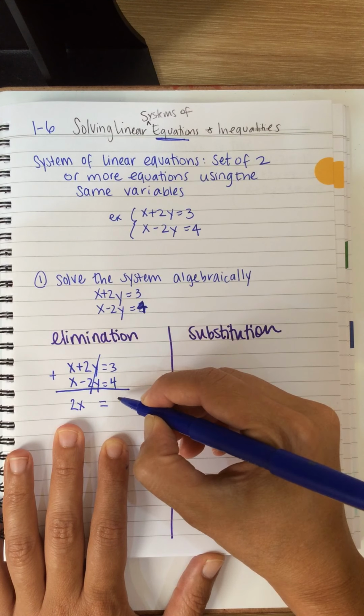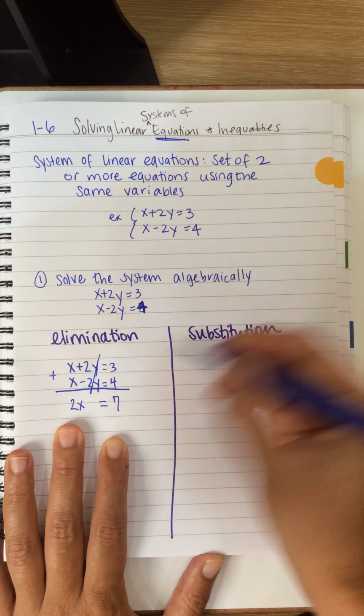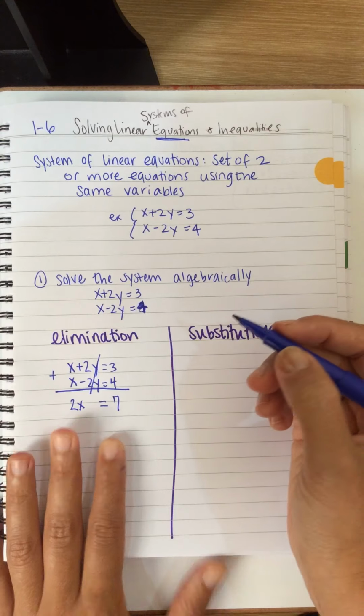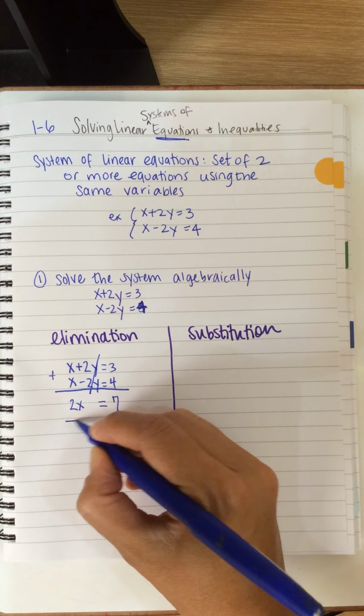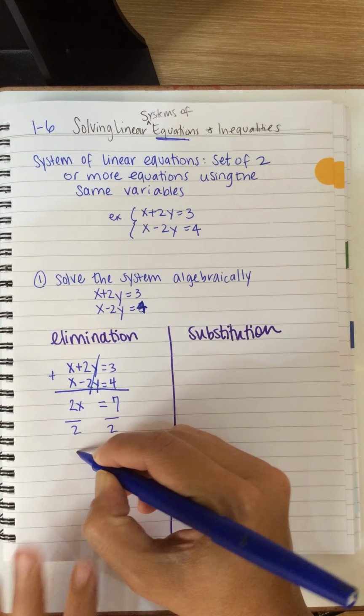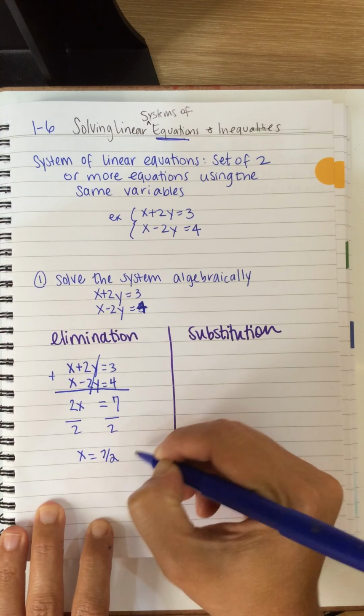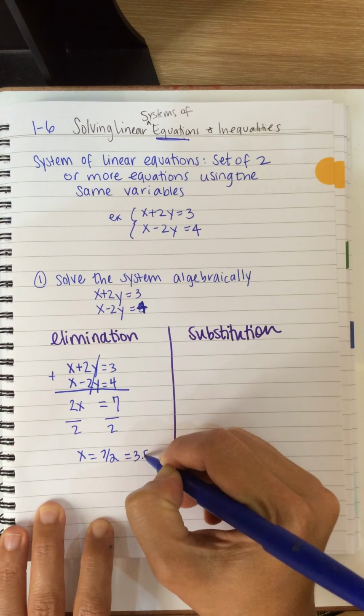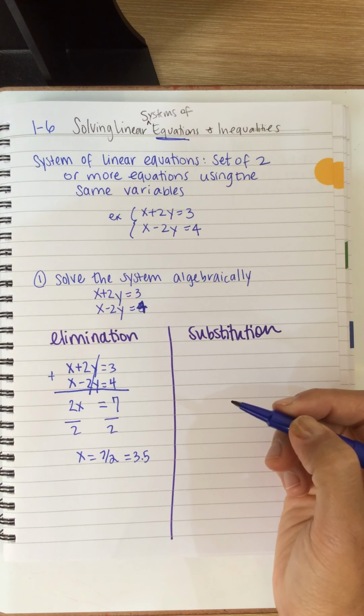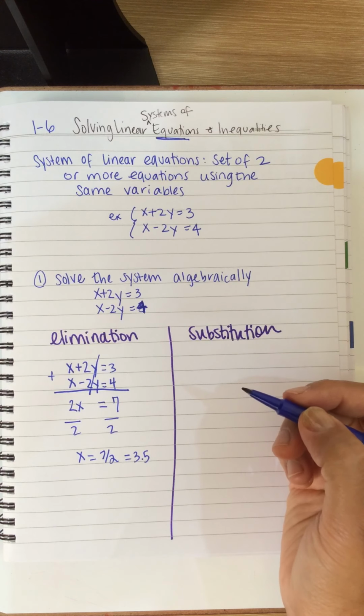And 3 plus 4 is 7. So now I can solve for x by dividing by 2, and x equals 7 halves, right, which is the same as 3.5. Either of those is correct.